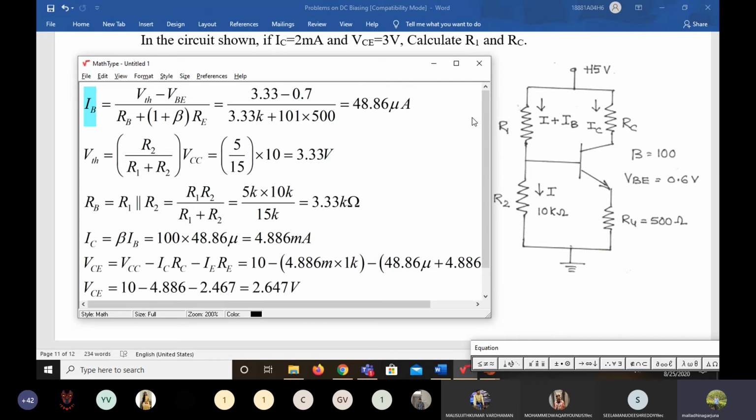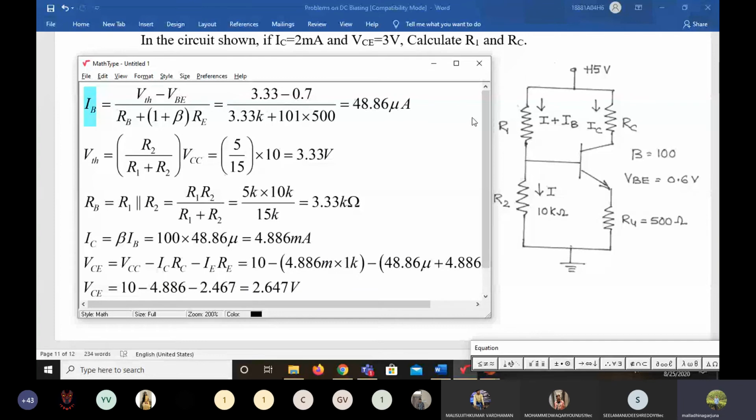First write the equation by applying the KVL to the input loop. So the IB value you can calculate: IC by beta gives 20 micro.